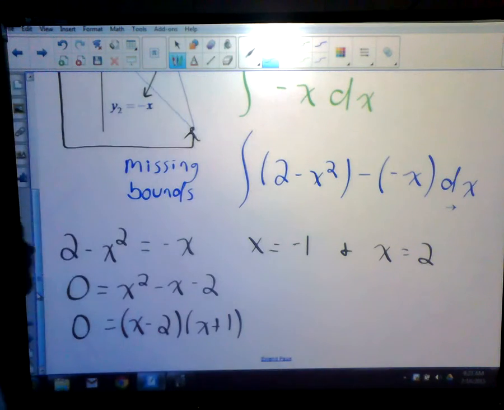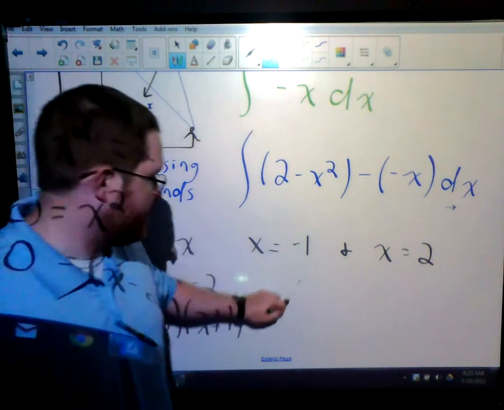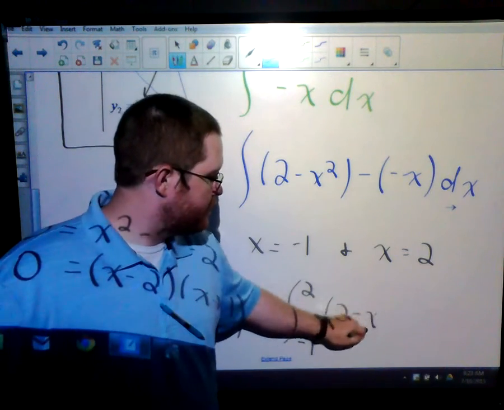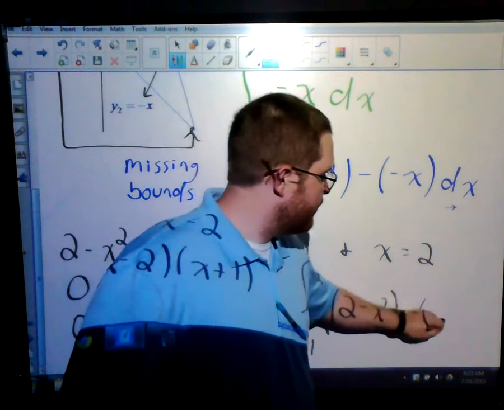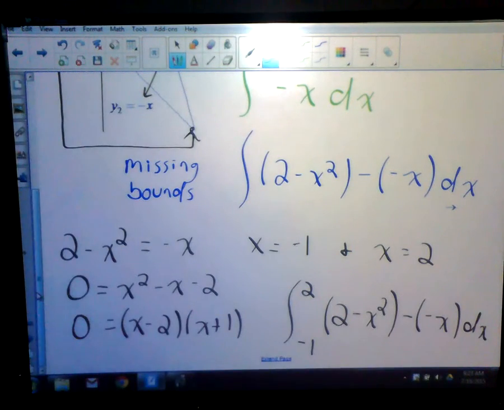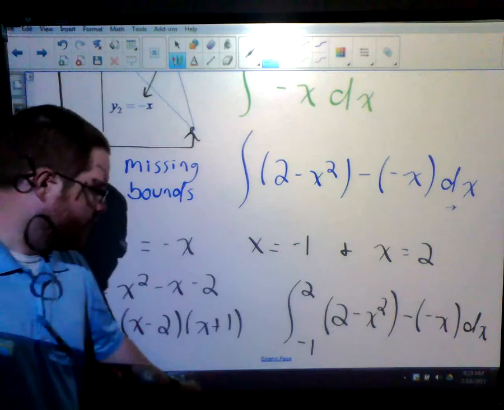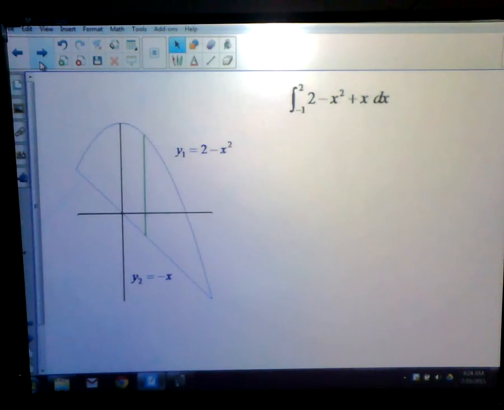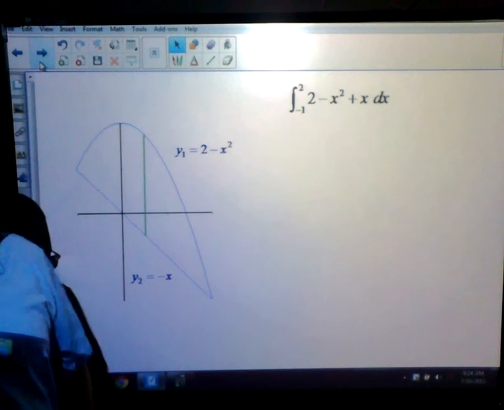So now I know the integral that I want to set up. It's the integral from negative 1 to 2 of the top function minus the bottom function. I've set up the problem. I'm going to rewrite this. Minus and negative is positive. So now I have this integral.